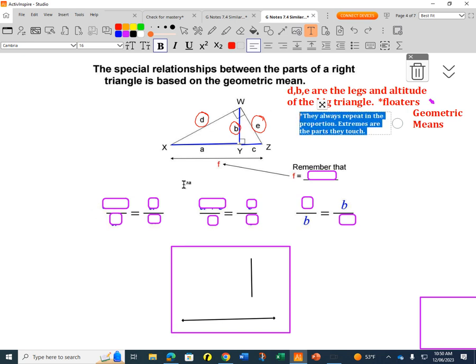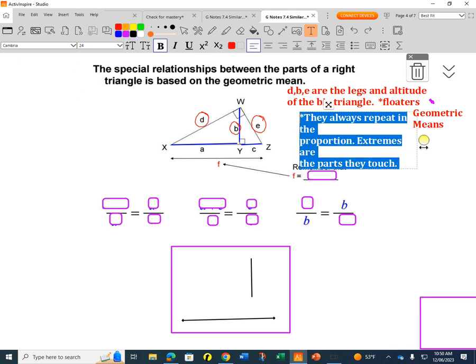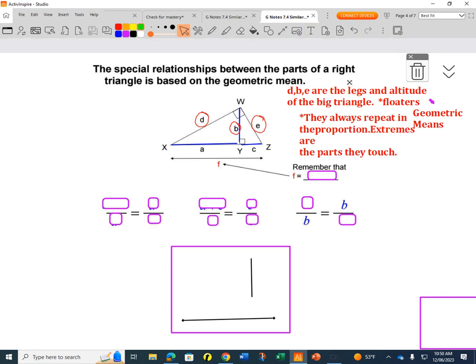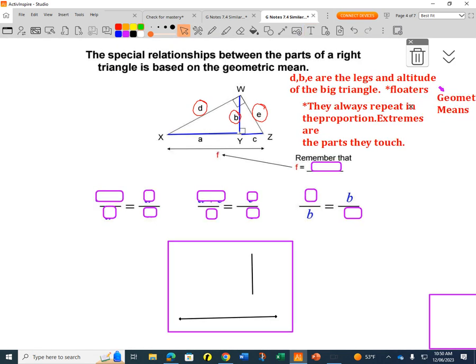So the value in the proportion would be the same. So they will always repeat in the proportion. Extremes are the parts that they touch.